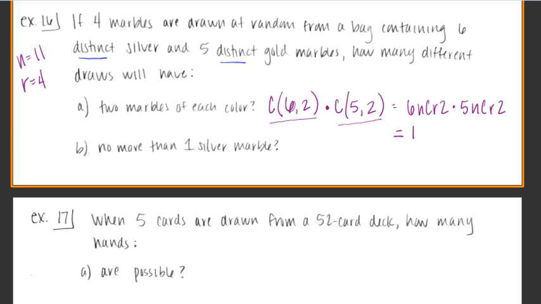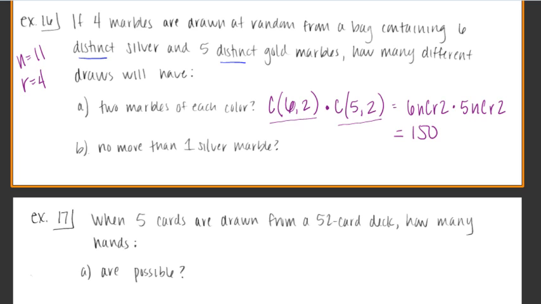And what comes out is 150 different ways that I can pick 2 marbles of each color from this bag. Okay. So let's go on to the next part. I really didn't have to use 11, the grand total, but I just had to break it down to each individual portion that it described for us.